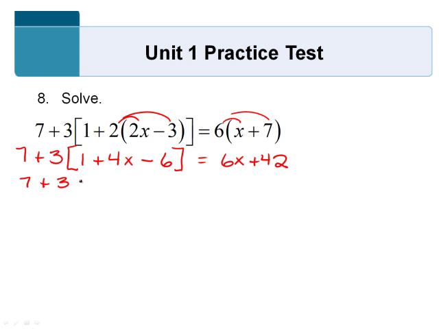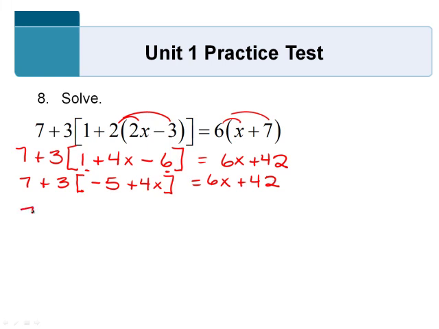Or I think it's easier to combine and then distribute. So I'm going to combine the 1 and the negative 6 here. Those are like terms in the brackets. So 1 minus 6 is negative 5 plus the 4x comes down. That term just comes down. Equals 6x plus 42. Okay, so now I can distribute the 3.